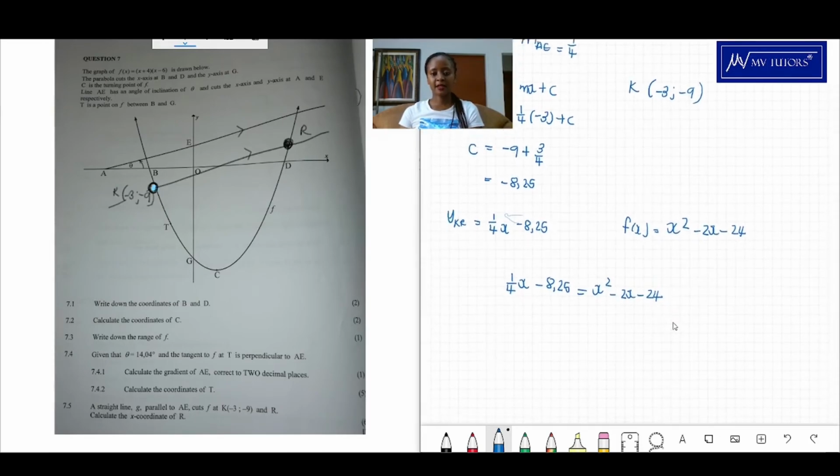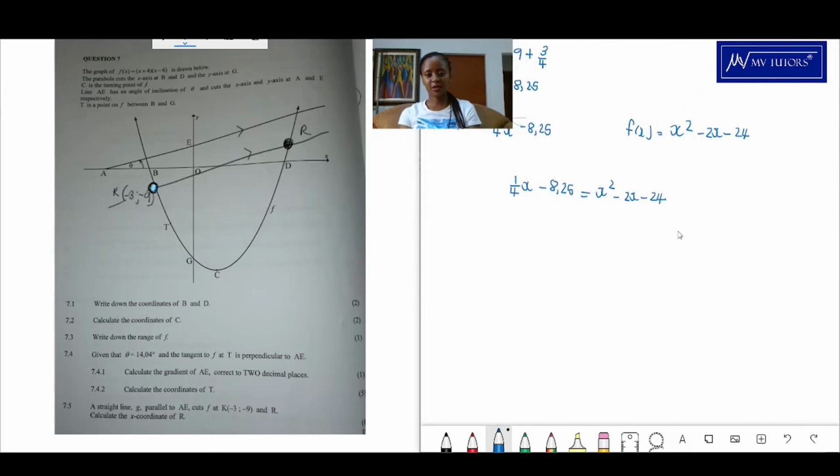All right, so I take everything to one side. How many marks is this, by the way? Because we're about to do a lot of work. Okay, doesn't matter. So if I take everything to the other side, I have x squared. Now I have minus 2x. If I bring a quarter x to the right hand side, it's going to be negative, right? Negative a quarter. So it's actually going to be -2.25x.